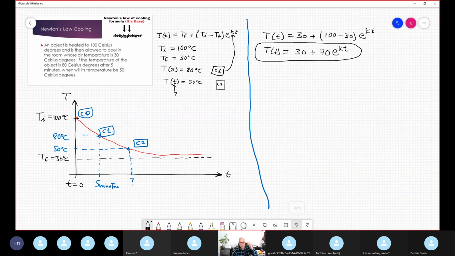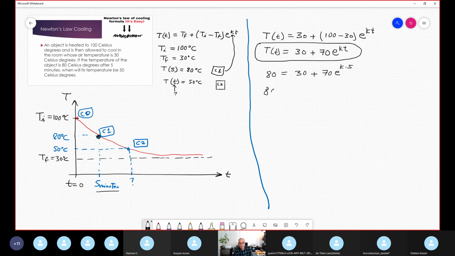However, I need to find the k. For finding the k, we're using condition 1. In condition 1, I know that the temperature is 80: 80 equals 30 plus 70 e to the k times 5 minutes. Look at that. So I need to solve for k.